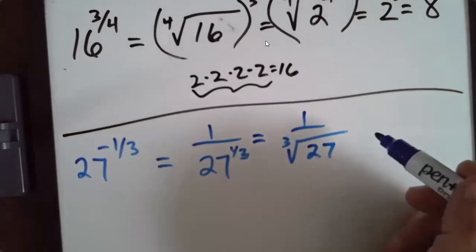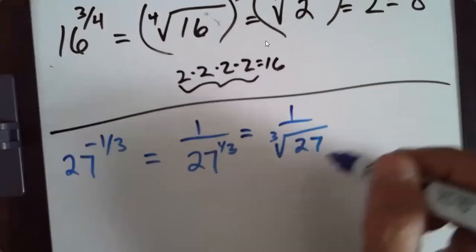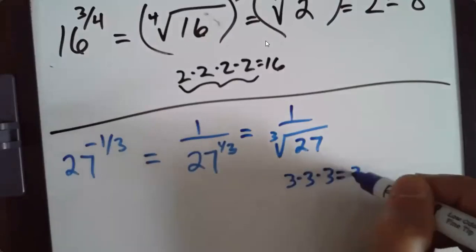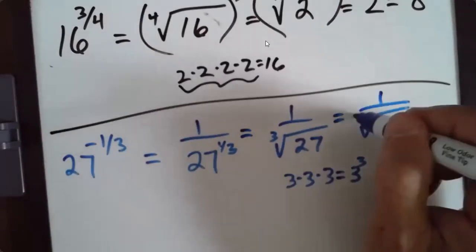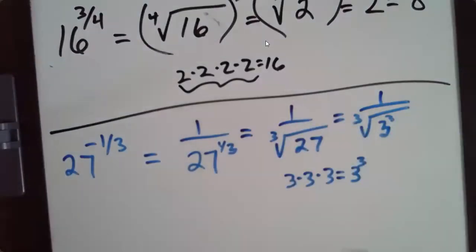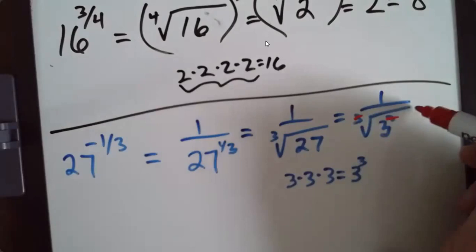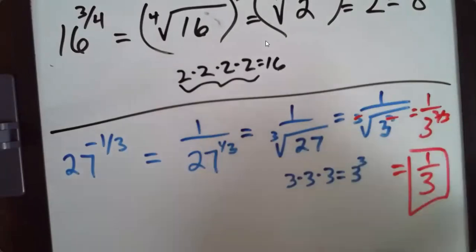Well, what times itself 3 times is 27? 3 times 3 is 9, times 3 is 27. So that's 3 to the 3rd. So we can say 1 over the cube root of 3 to the 3rd power. The root and the exponent are opposite, they cancel. That's the same thing as 1 over 3 to the 3 over 3, which is 1 over 3 to the 1. So our answer is 1/3. Okay, questions there?